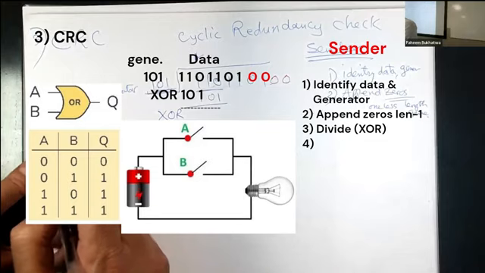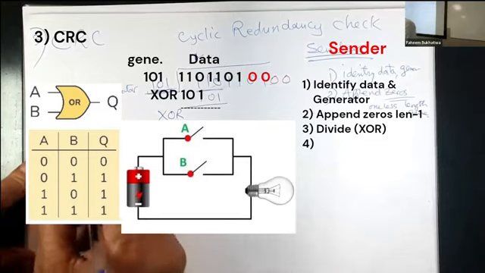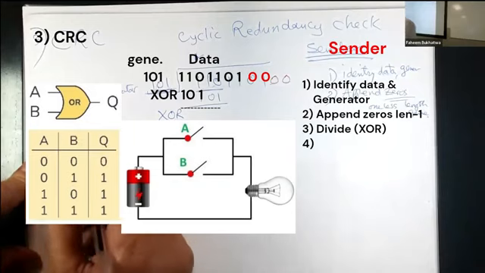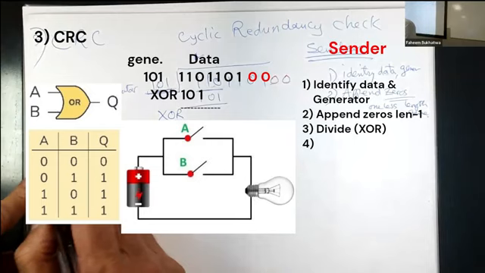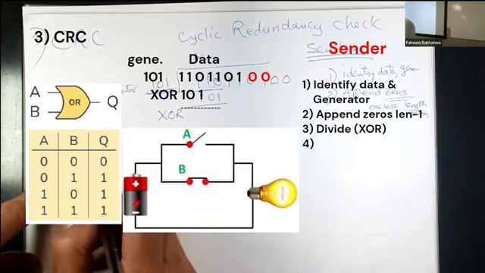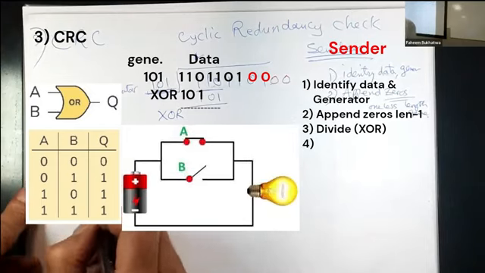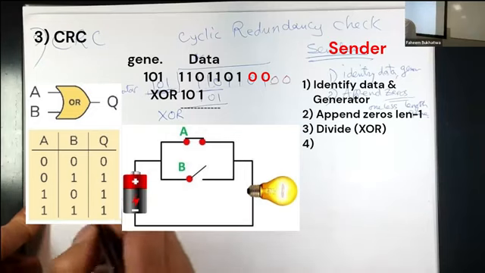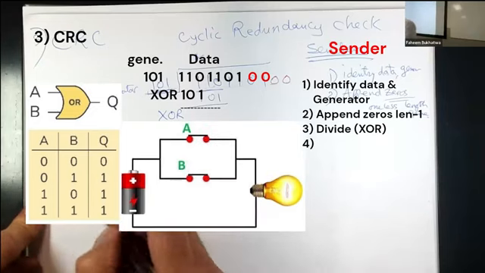ORing means, let's say this is A and this is B, if A or B is 1, the result is 1. Here, none of them is 1, so the result is 0. This one, B is 1, so the result is 1. A is 1, the result is 1. And this is both of them, either this or this, so the result is 1.